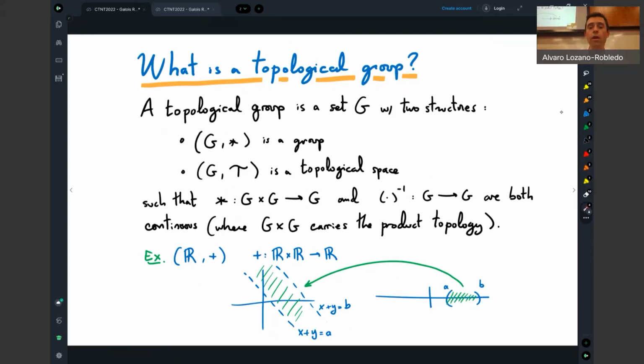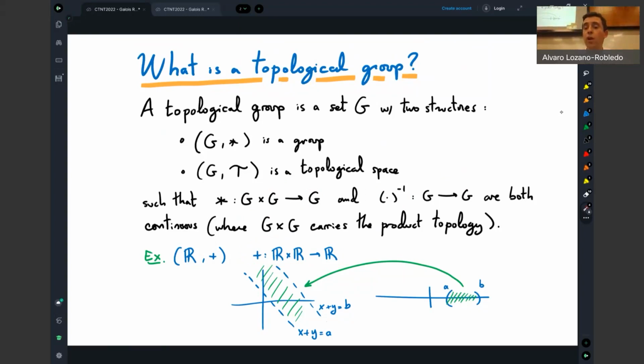Now we can think about groups in a new way. For example, the reals with respect to addition are a topological group. In this drawing, this cartoon tells you why addition is a continuous map.